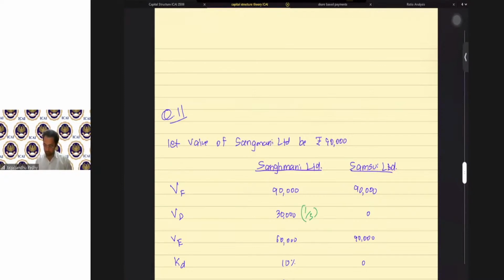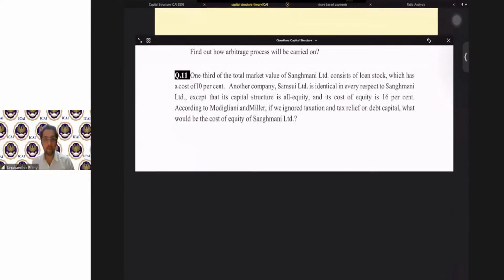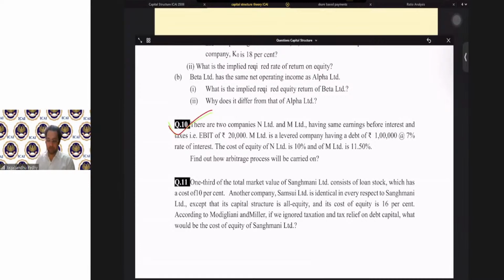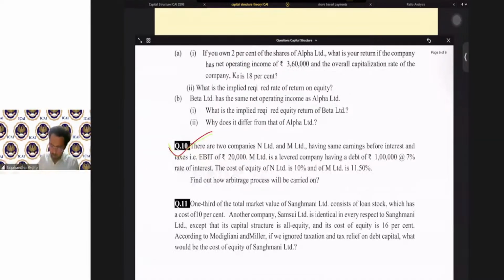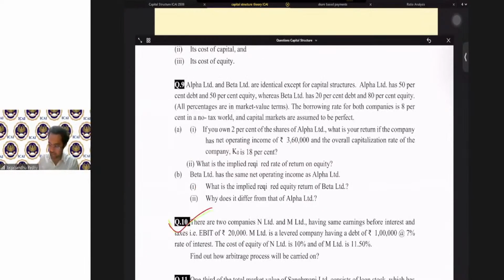Now, look at this. Question number 9. Alpha Limited and Beta Limited are identical except for capital structures.